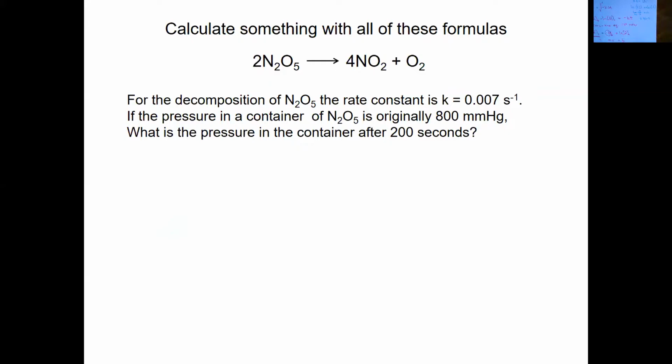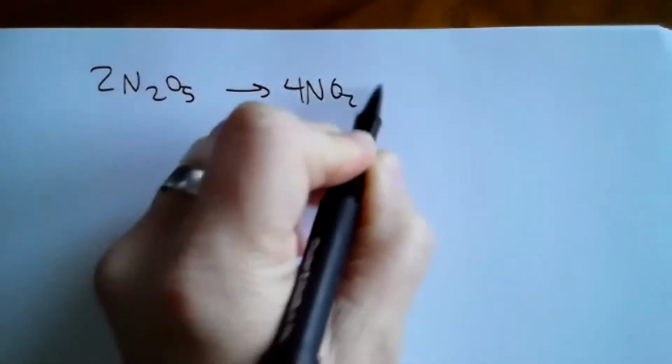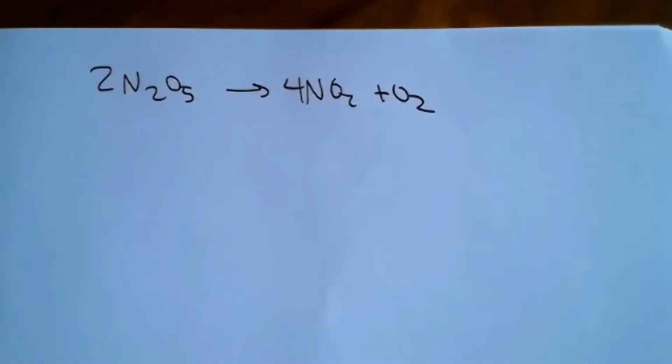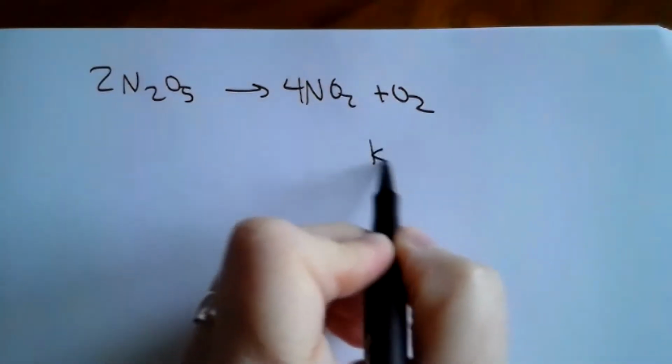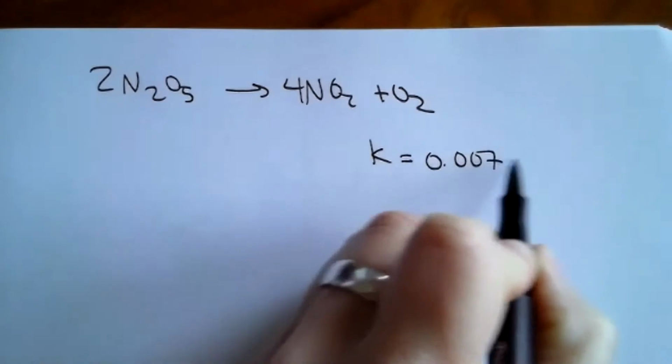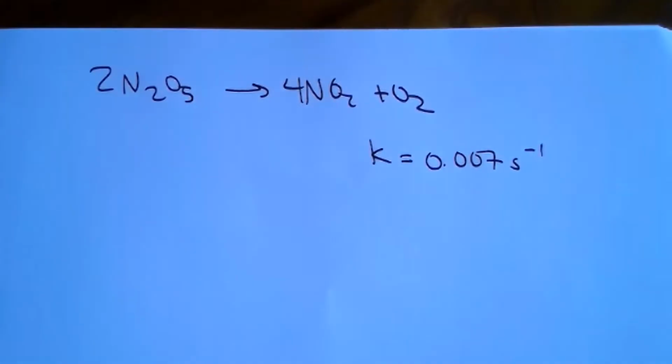problems like this. So here's our given equation. For the decomposition of N2O5, the rate constant is this. What order is this reaction? First.